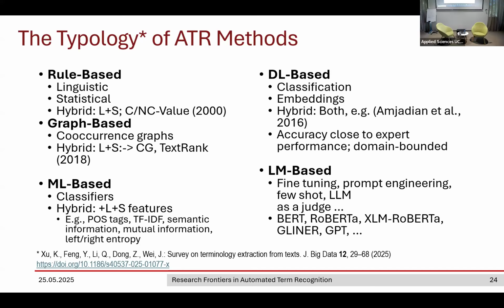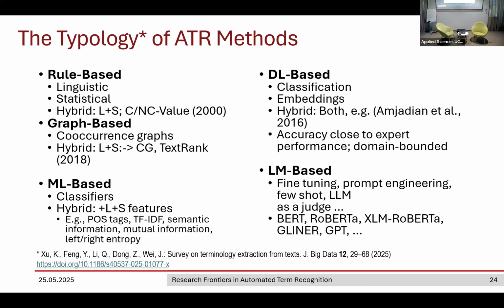And finally, language model-based, which exploit pre-trained models, which are domain neutral but are not very successful in recognizing terms, then the model is fine-tuned for a particular domain.